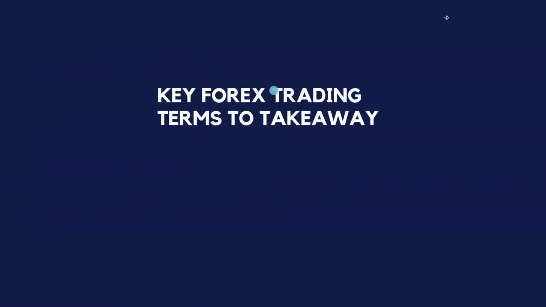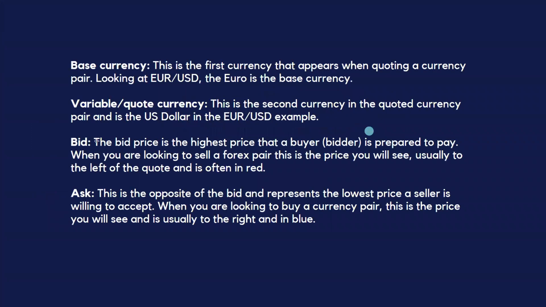Let's proceed. This is where everything I was trying to explain leads: the key Forex trading terms. Let's talk about the base currency. What is the base currency? This is the first currency that appears when quoting a currency pair.